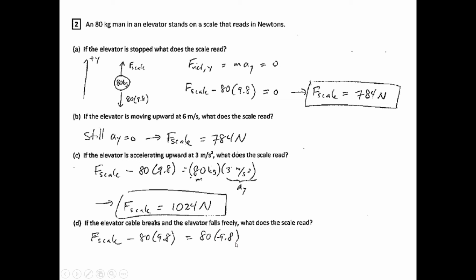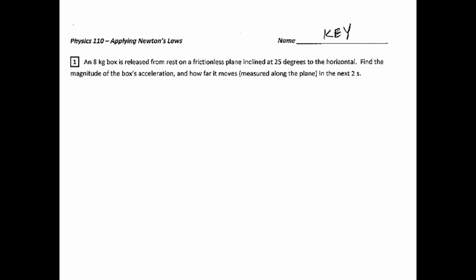And notice now that this term cancels against this term, and the scale indeed should read 0 newtons. We didn't assume that. We still put in something for F scale, but we solved that it actually should read 0 newtons. Okay, so that's a good second example of a one-dimensional problem.